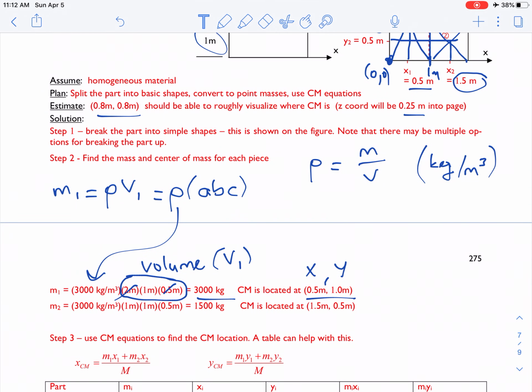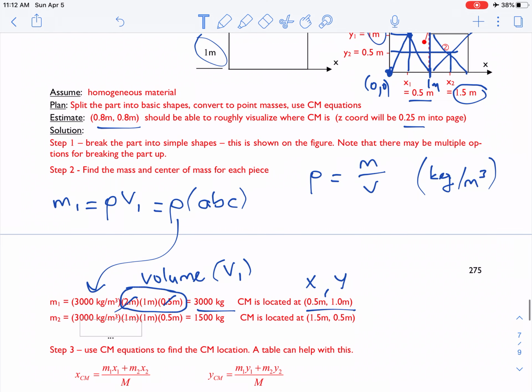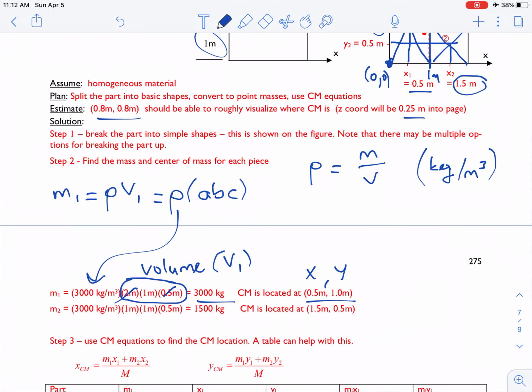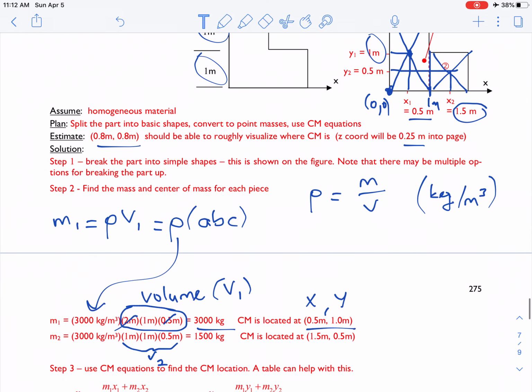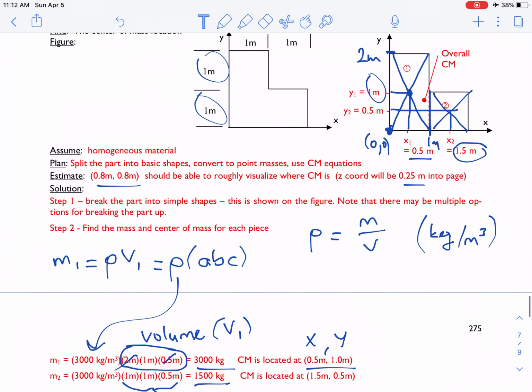And M2 is again density times the volume. So this part is V2, okay? And what is that? It is 1 by 1 times 0.5, that's the thickness. So we are multiplying all these things, and that is giving us half of the mass we got from M1, as it should be, because geometrically, these are homogeneous material.